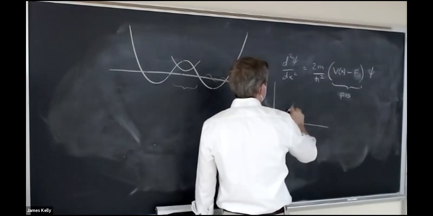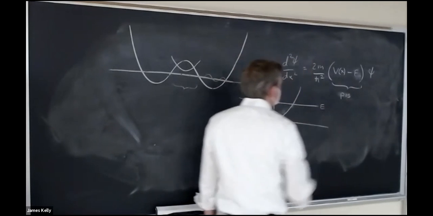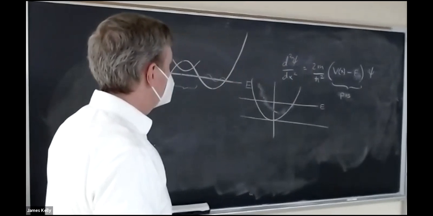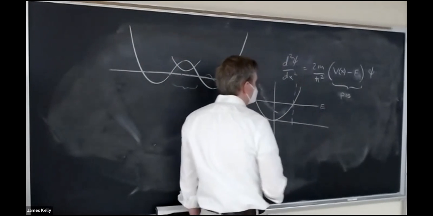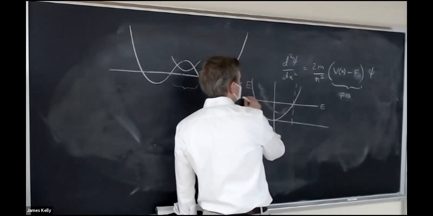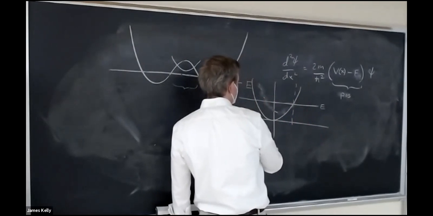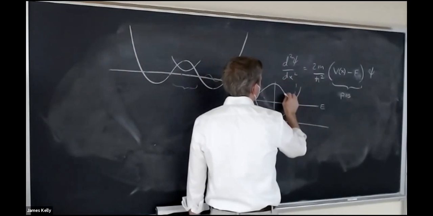our quadratic potential like this. And let's imagine we're considering a stationary state that has that particular energy. So over here, it's in the classically forbidden region. We've just found out that if this is the ground state, and I draw it as if this is its x-axis, then the ground state solution looks like this.